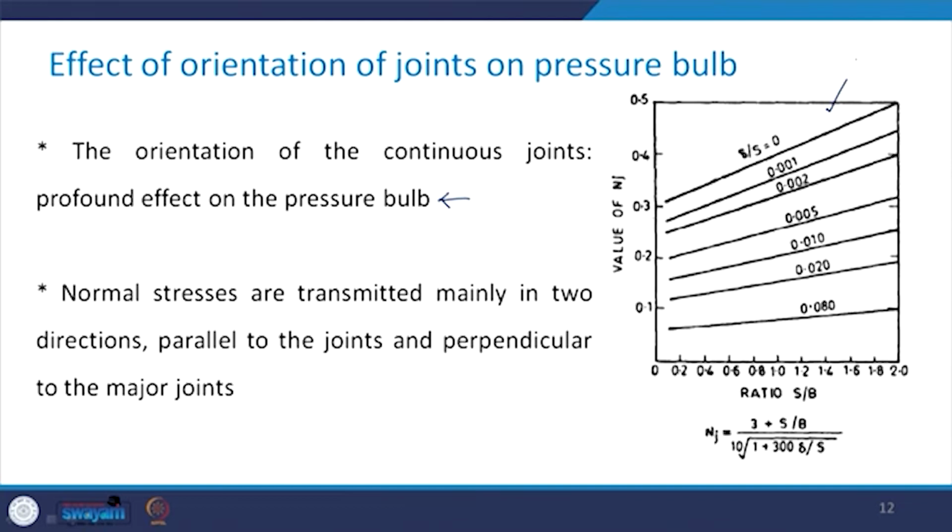One is parallel to the joint and another one is perpendicular to the major joint. Why I have put this figure is that depending upon the spacing of the joints and the orientation, you have seen how the safe bearing pressure gets influenced. And this also you have seen, that the extent of the pressure bulb is more in the direction in which the joints are dipping.